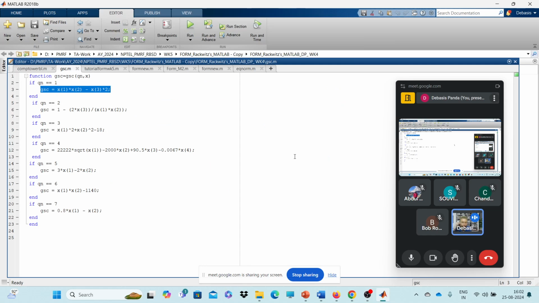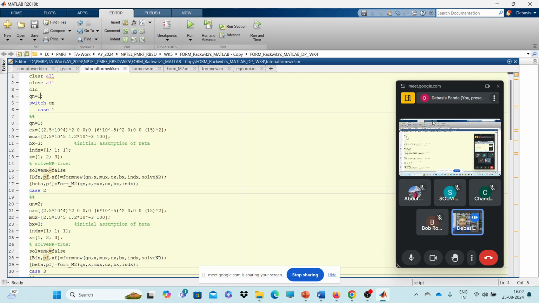Now I need to provide the parameters for the random variables. This is the main script from where I am calling that function file. First I need to provide the question number, because based on the question number it will pull out the limit state function. Now I need to provide the cx.